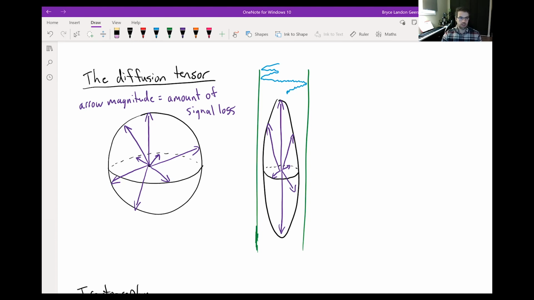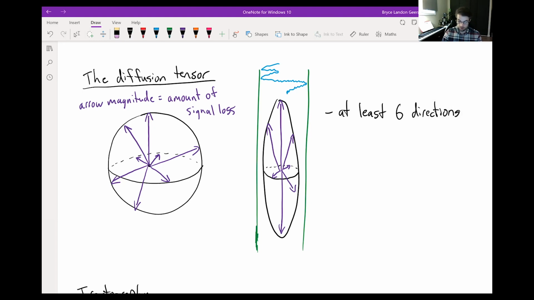In order to actually collect it, we need to probe diffusion in many directions. So at minimum, you need at least 6 directions of diffusion measured. I forgot to write a 6 in there. Okay, great.